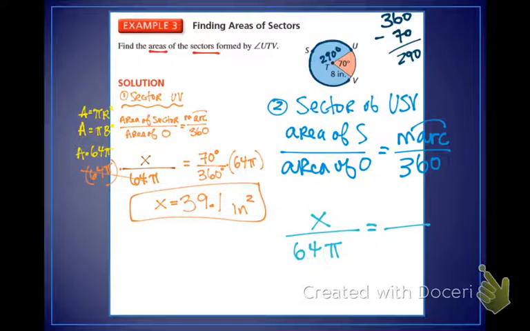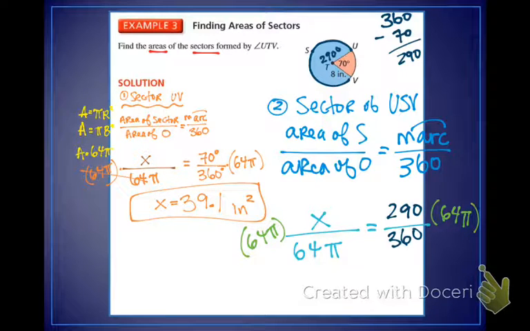So that's the blue's measure, 290 out of 360. All right, so now what do we do from here? Multiply by 64 pi, both of them. Should this answer be smaller or bigger than the first answer? Bigger, because it's the blue, and the blue is a lot larger.